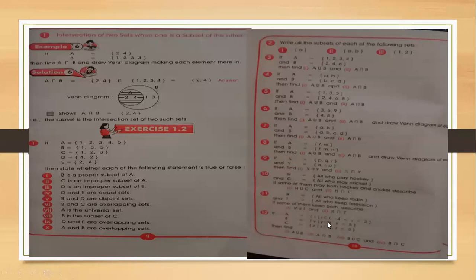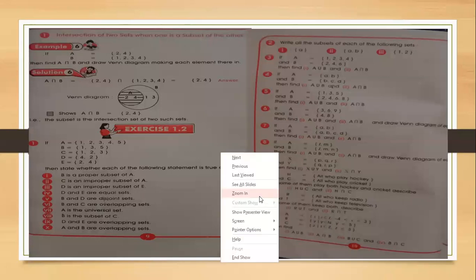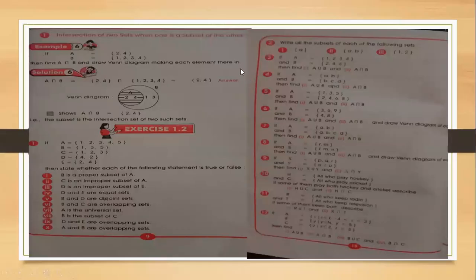In this question number 12, I want to tell you one thing. Here, L is written. Just cut it and write I over here. I means integers. Here, N means natural numbers and Z means positive integers. Try to solve these questions. Attempt these questions in the sheets. Okay.